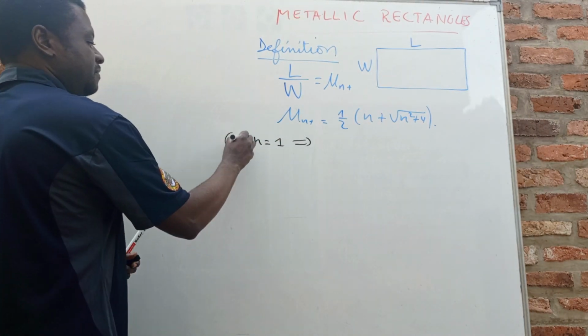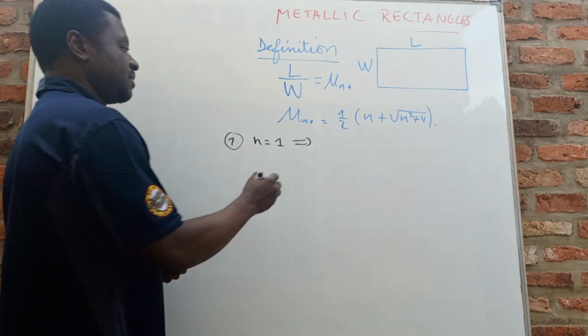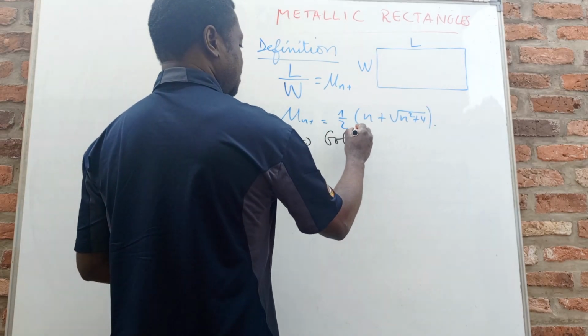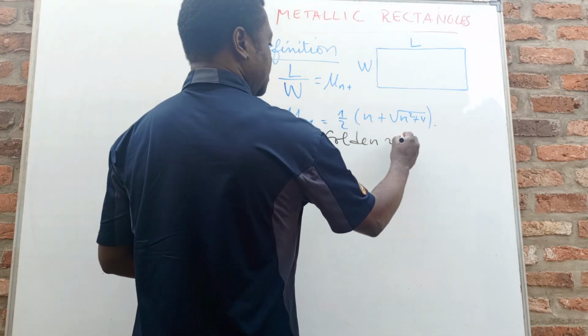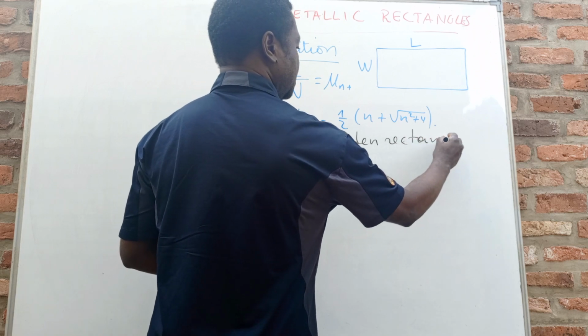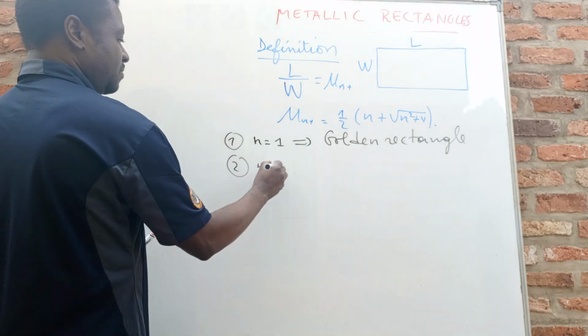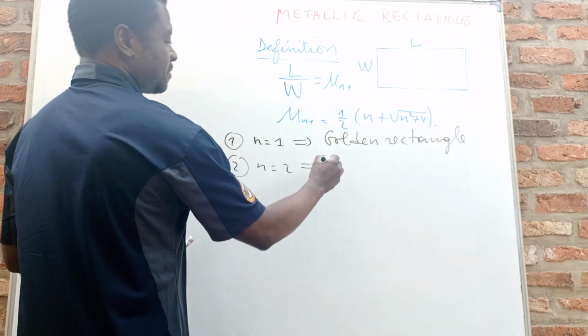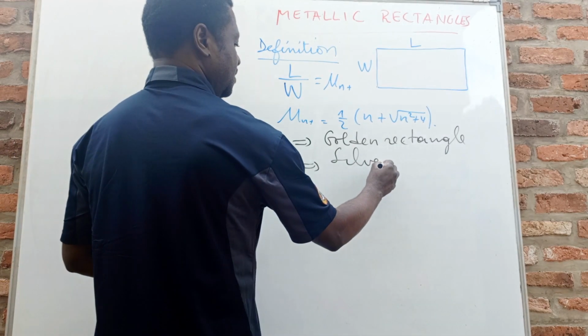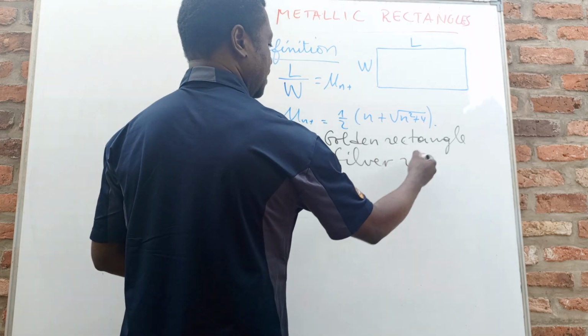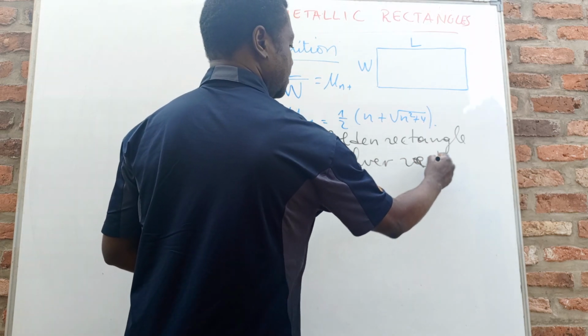So we will have what we call the golden rectangle. For n equal to 2, we have what we call the silver ratio, silver rectangle, sorry.